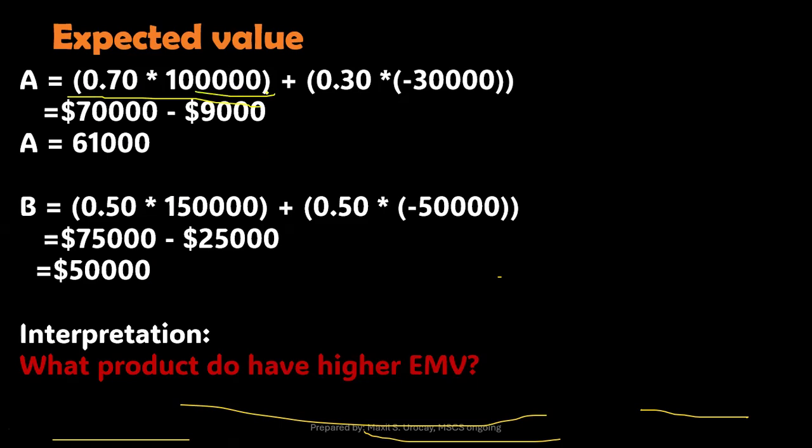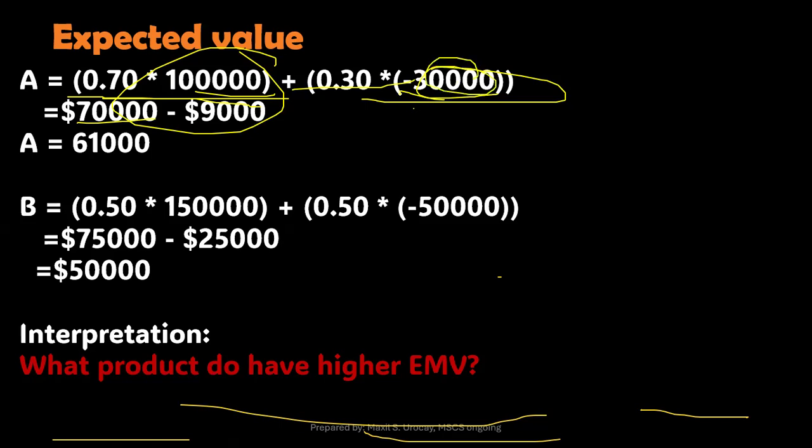and 30% for A only will be negative 30,000, because when we are talking about a loss, it should be negative. So 70% times 100,000 becomes $70,000.